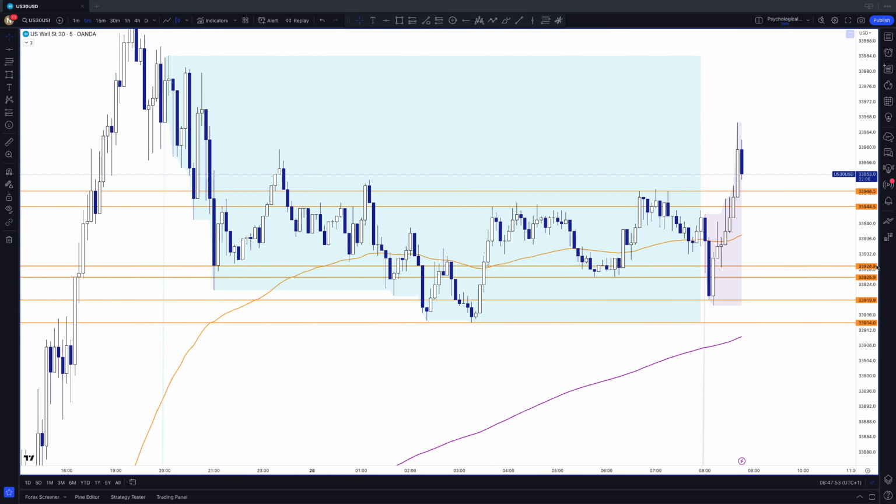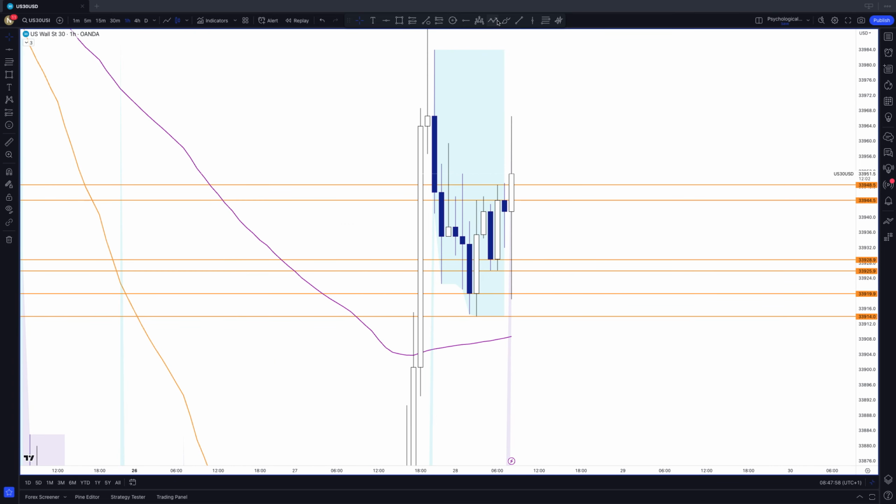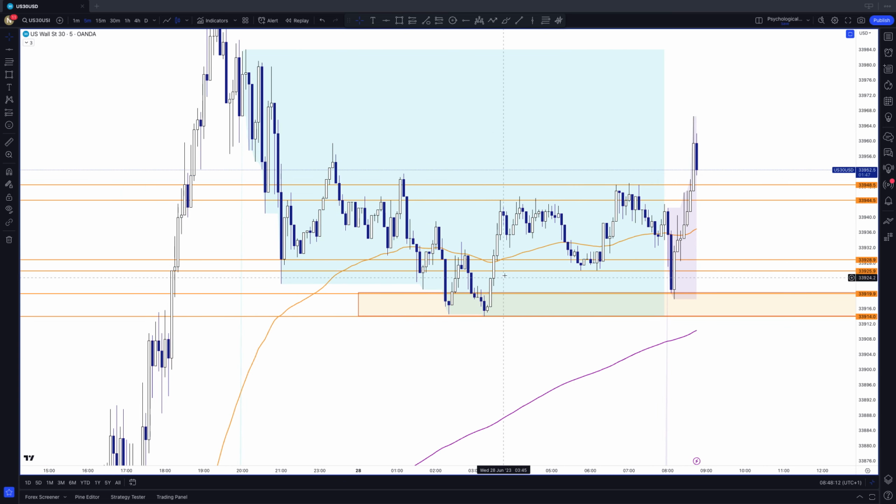Now what has happened, and excuse me, let's go back over here. Again, you see here, not as clearly in my opinion as on NAS, but you see aggressive buying right here, aggressive buying right here. So down here around this key level, there is most likely some sort of a demand zone, okay? And you can see on the 5 minute, it is very clear that there's a very strong demand.